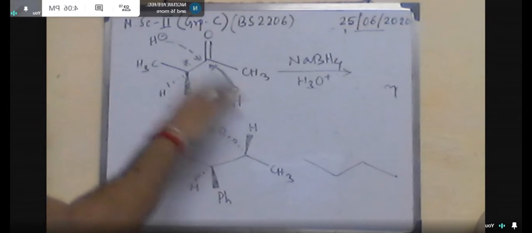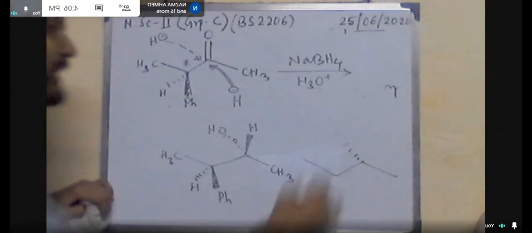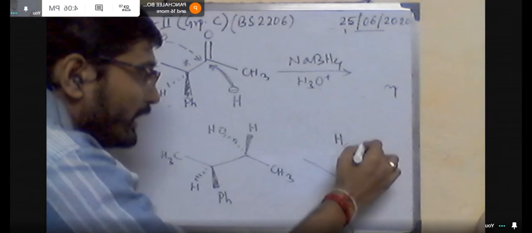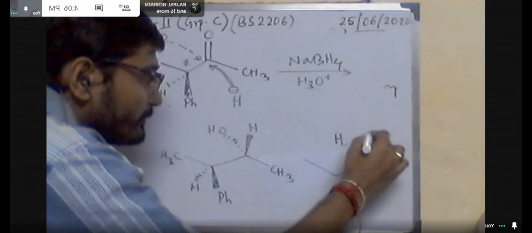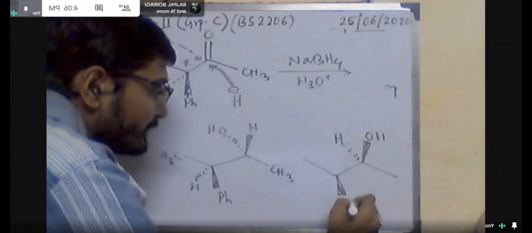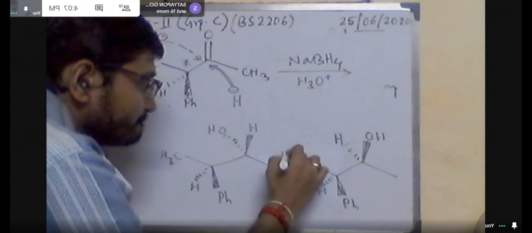So now you have to find the configuration of these two centers. This is 1, 2, 3, 4. Group 1 is in the backward, so 1 is minus, and the rotation of the rest, group 2, 3, 4, is anti-clockwise, so minus. So minus into minus, that means plus.